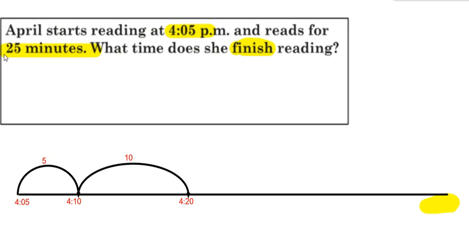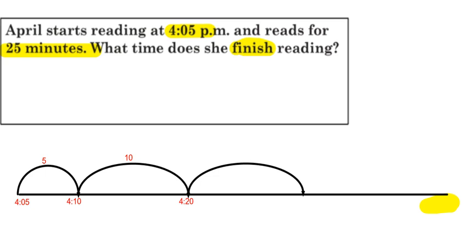I have hopped 10, 15. Ooh, I need some more minutes. I'm going to go ahead and add 10 more. 4:20 plus 10. How much will that be? Good job. 4:30. I'm going to go ahead and fix that line. Plus 10. And that will be 4:30.